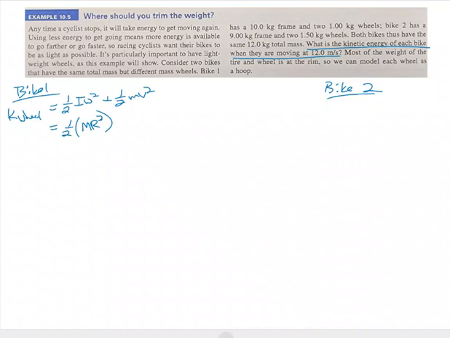Okay, and then we still have omega squared. What's omega going to be? 2 pi. No. Isn't that supposed to be 1/2 times 1/3 mr squared? No, it's just mr squared. It says it right there. I was reading the wrong one. Oh, okay. It was on the opposite side.